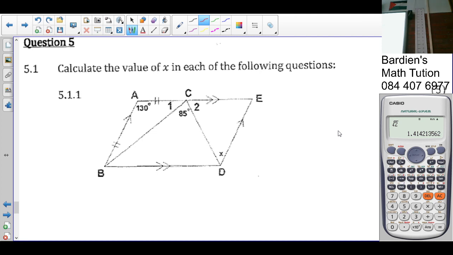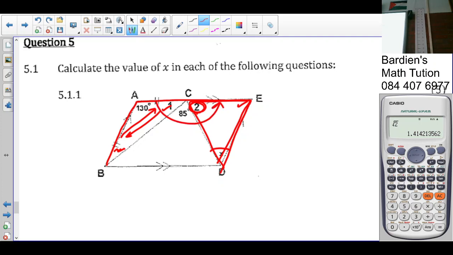We need many things, not so? To calculate x I need e, which I can calculate from a, and I need c2. Not so? Then I can work out sum of triangles. C2 I can work out once I've got C1 and this angle and that angle of course the same. Not so? Then I can go with the angles on a straight line.